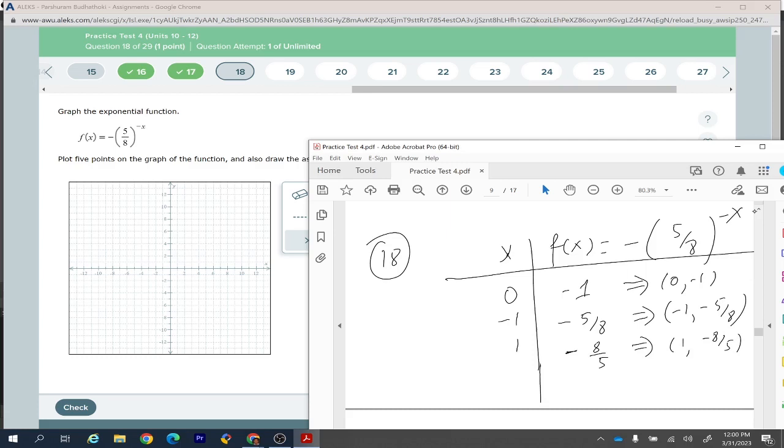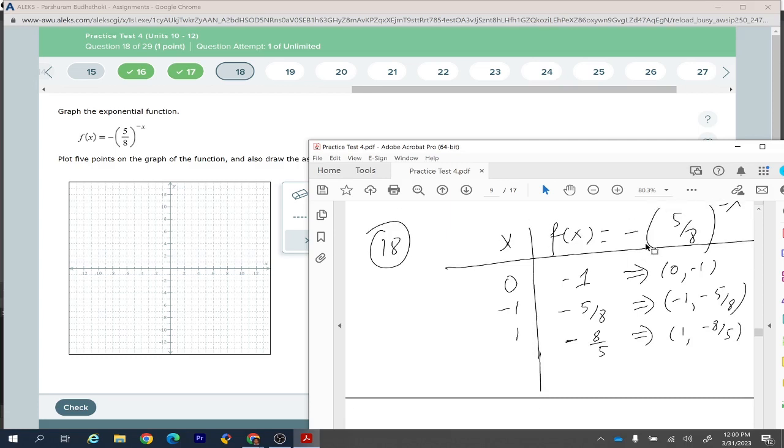We need 2 more points. If I choose, let's say, 2 here, that becomes -5/8 to the power -2. You can just simplify this. The negative makes this reverse, and the exponent becomes +2.